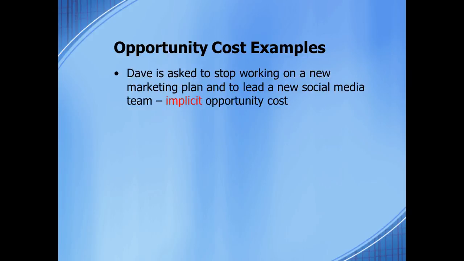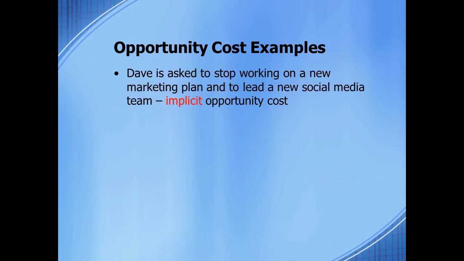Some opportunity cost examples. Dave is asked to stop working on a new marketing plan and to lead a new social media team. Now there's an implicit opportunity cost. It's implicit as Dave already works for the organisation, but there's an opportunity cost as he has to stop working on something else to do this work.